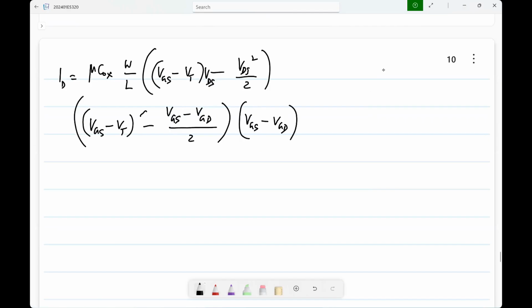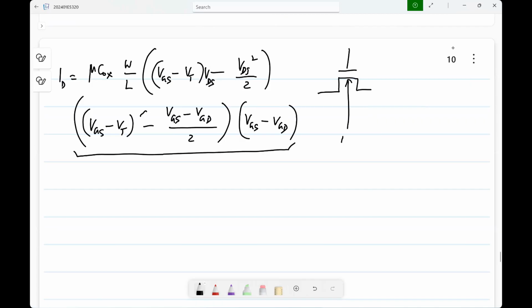Okay. So now let's see what is the easiest way to manipulate this. This you can actually do the algebra yourself. It is quite simple. So instead of referring voltages to the source, we can refer everything to the bulk.